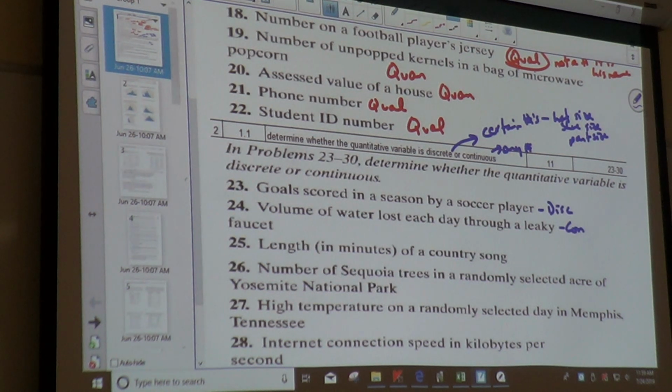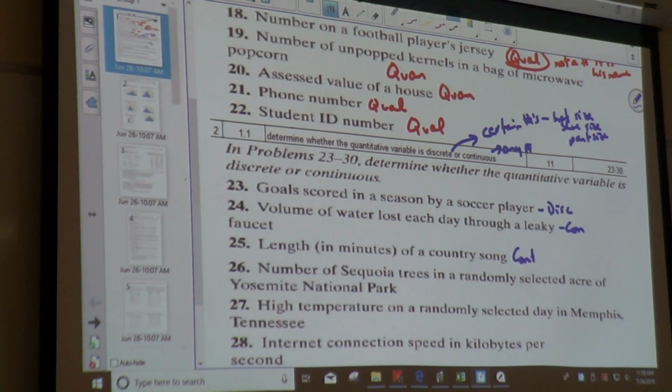Length in minutes of a country song. Continuous. They said continuous. It's according to what you're listening on. You know, if you're listening on the radio, it would be 1 minute, 2 seconds, 1 minute, 3 seconds, 1 minute, 4 seconds. But if you have a fancy stopwatch, you could go down to however many milliseconds.